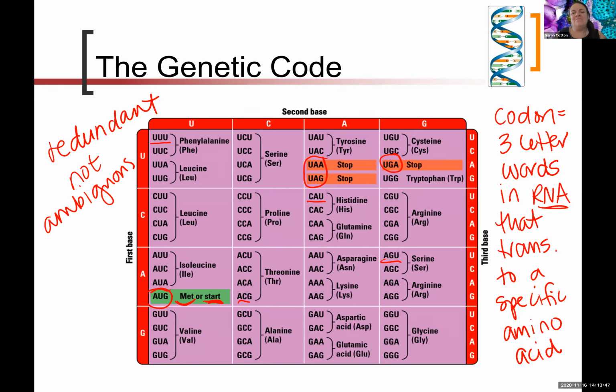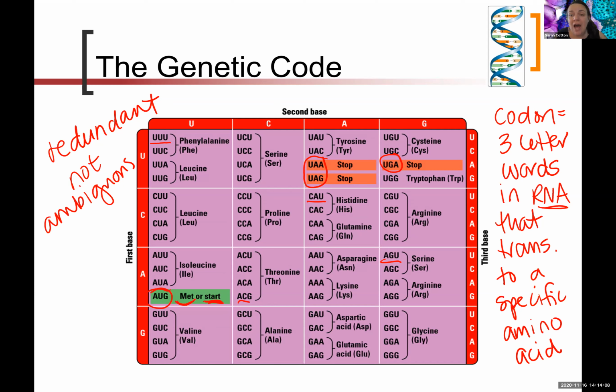Stop codons. There are 3 of them. You don't need to memorize them. They happen to be UAA, UAG, and UGA, but don't memorize that because you always have the table you can look up. The deal with the stop codons is that they do not have a tRNA that matches up with them.